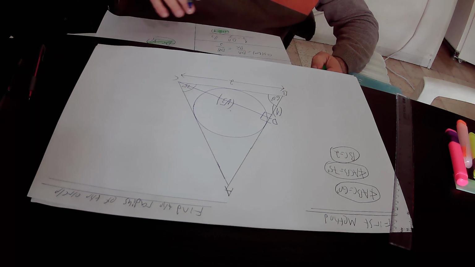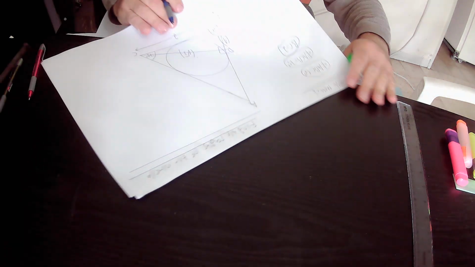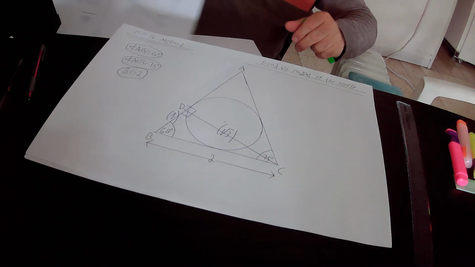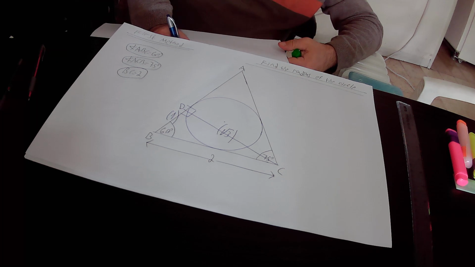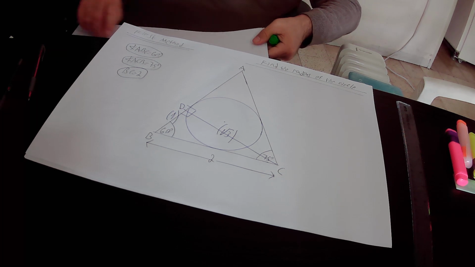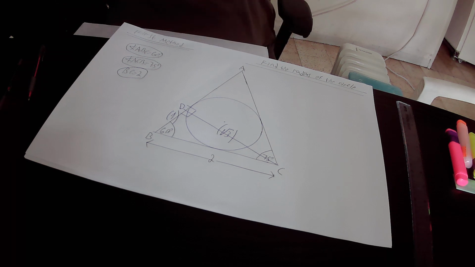So in the right triangle DBC, we know that the sum of the angles must be equal to 180 degrees, according to the rule that the sum of the angles in any triangle is equal to 180 degrees. So which angles do we have inside triangle DBC?